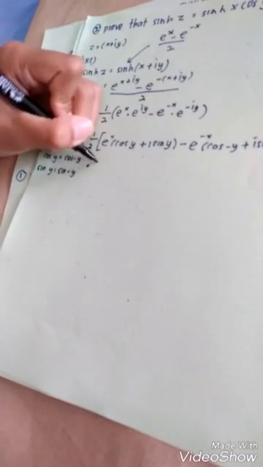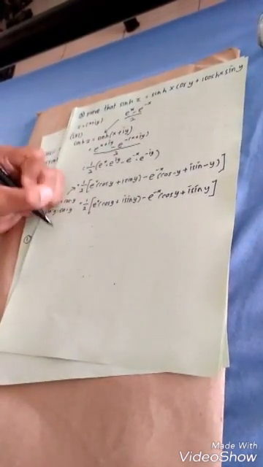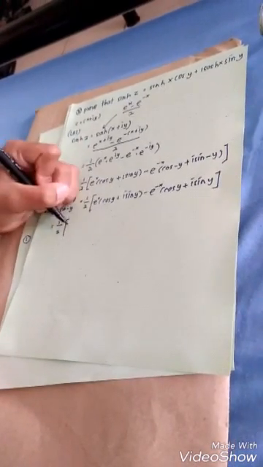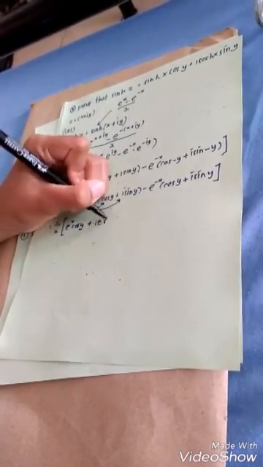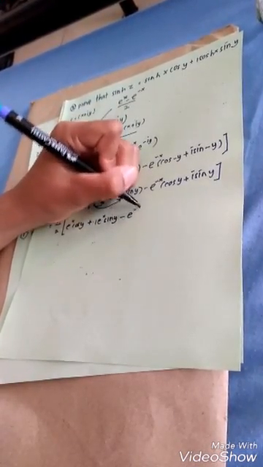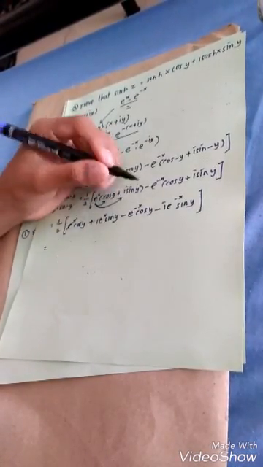Okay, so 1 over 2 of e^x (cos y plus i sin y) minus e^(-x) (cos y minus i sin y). And 1 over 2, e^x cos y, this one we can expand, plus i e^x sin y minus e^(-x) cos y plus i e^(-x) sin y. So this we can cancel.